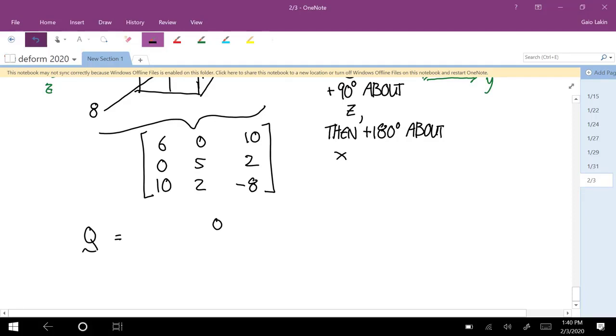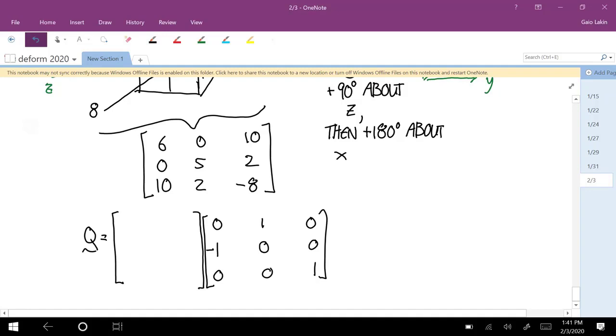Sine of 90 is 1, then 0, then negative sine of 90, then 0. Okay? And then we're going to multiply that by a 180-degree rotation about the x-axis.